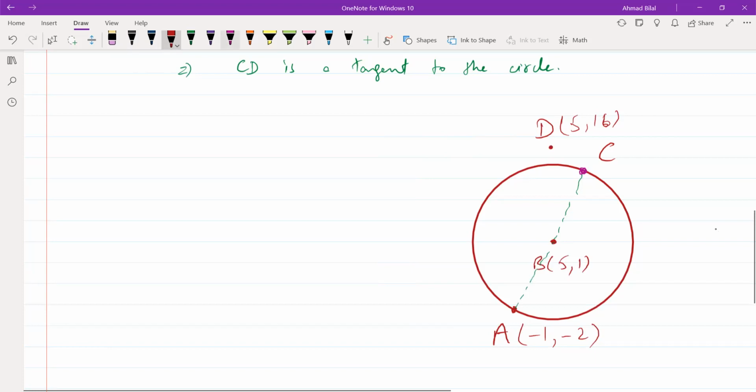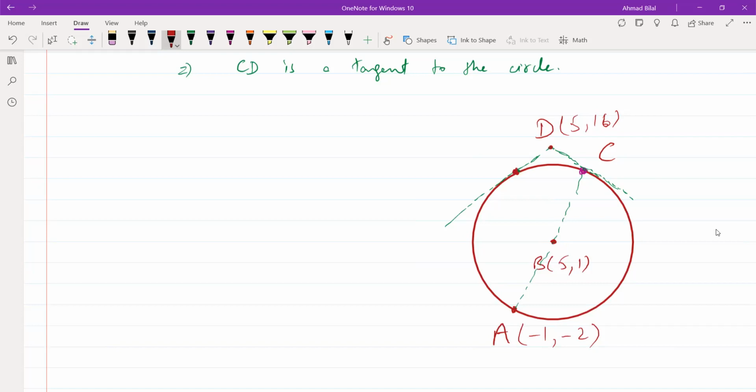There's one tangent here that's going from D to C. Okay. So the other tangent from that point D will be going like this. We're going on the other side here. Okay, so this may be the other tangent that touches the circle on the other side.